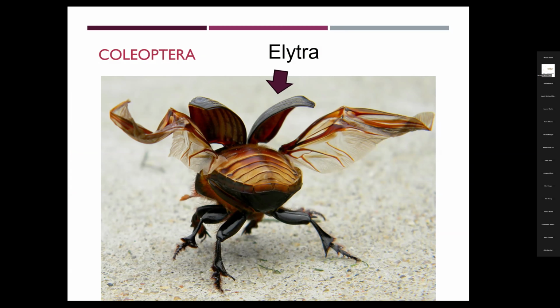Essentially, they will lift up those elytra, spread out their hind wings, and use those to fly. And then when they're not using those, the membranous wings get tucked up underneath the elytra. The benefit of having those elytra is they protect the hind wings, and it makes those beetles almost like little tanks. So everything's kind of protected. They have very hard exoskeletons.